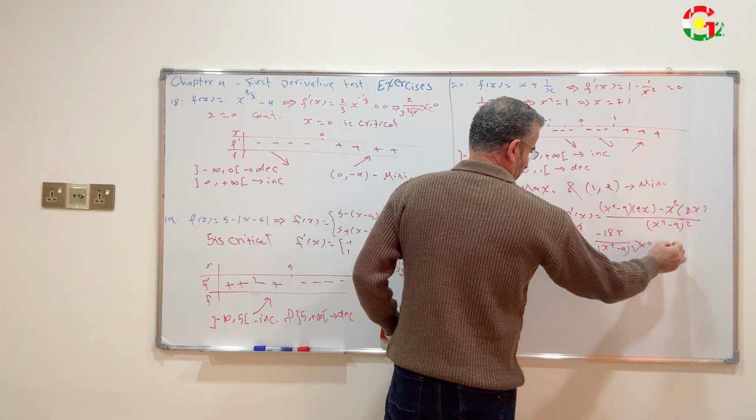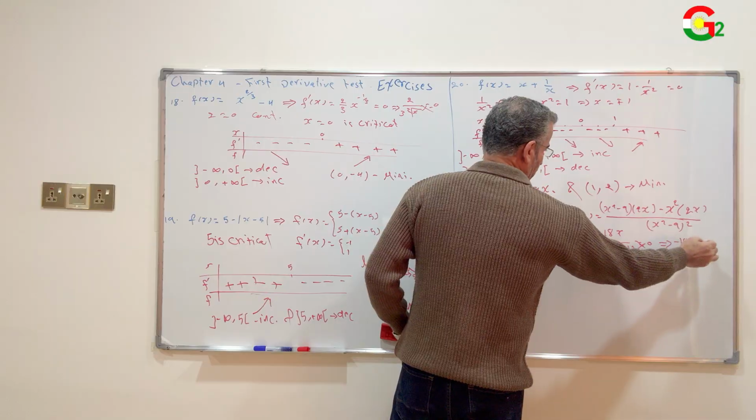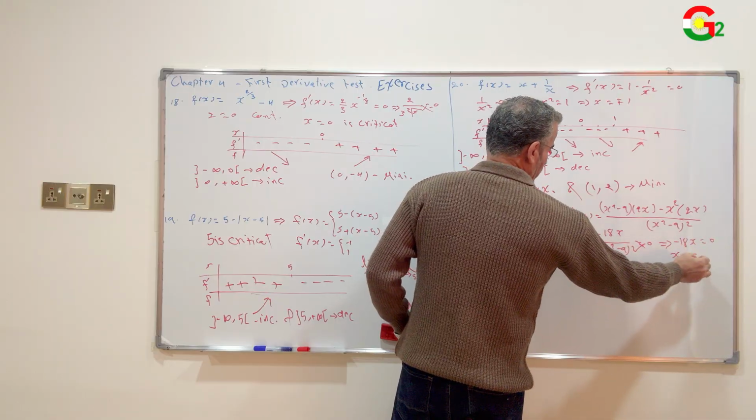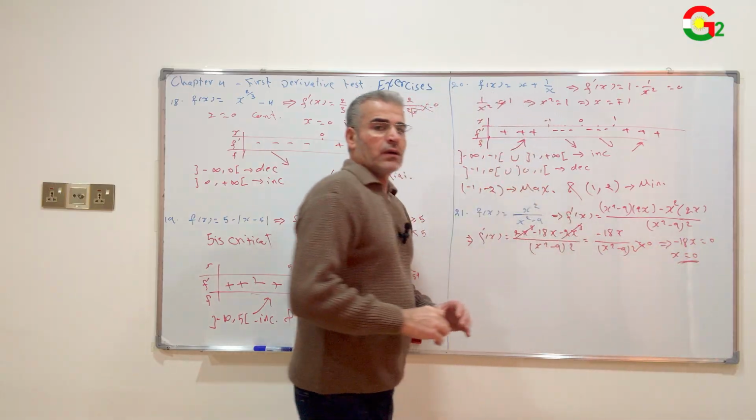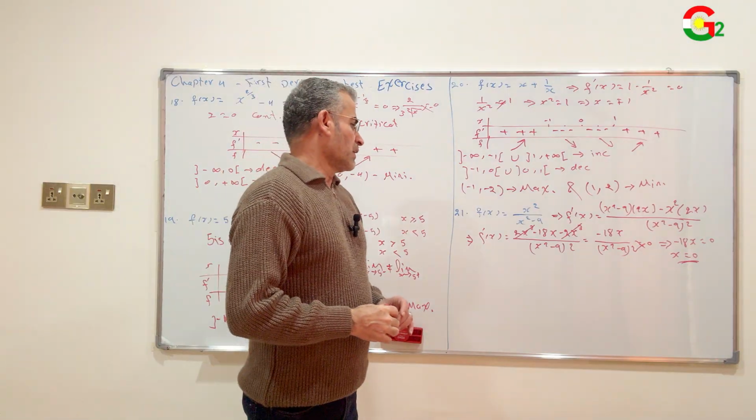Cross multiplication, then negative 18x equals 0, so x equals 0 is a critical point for this function.